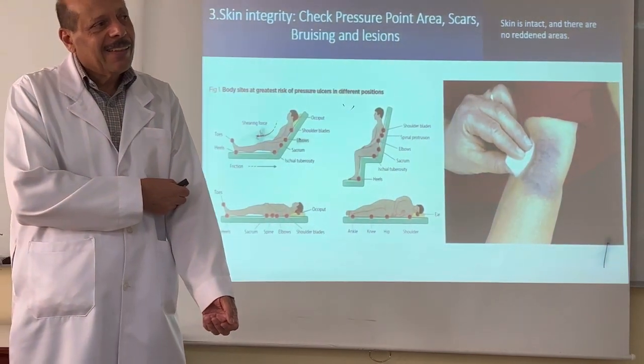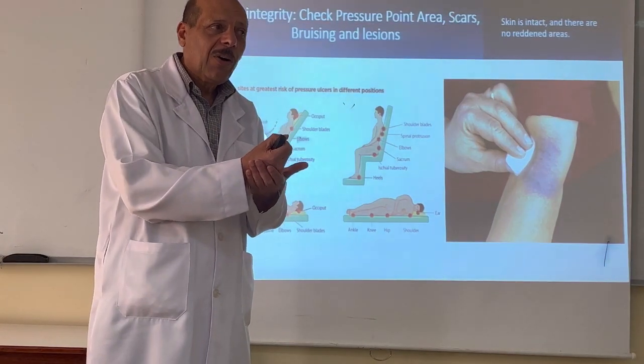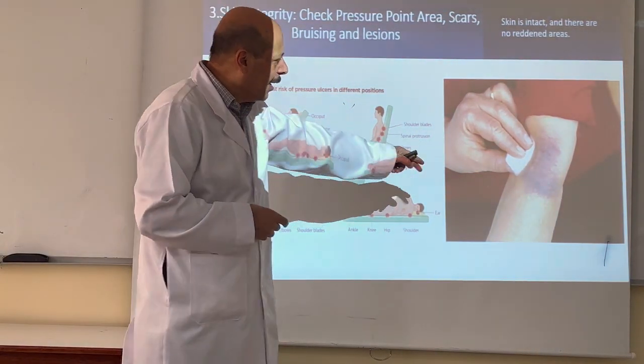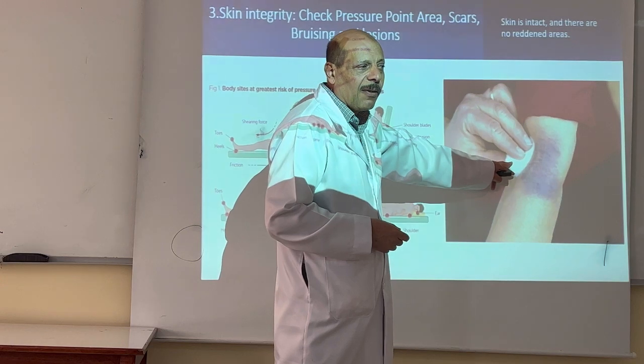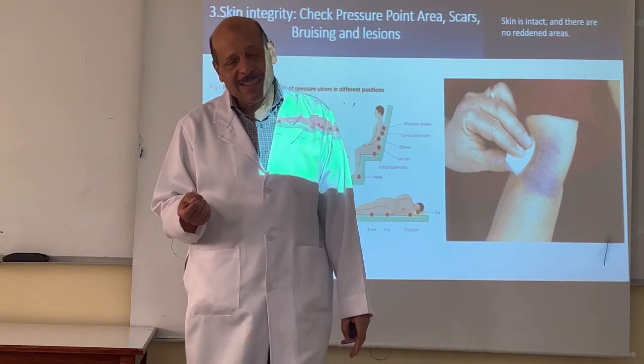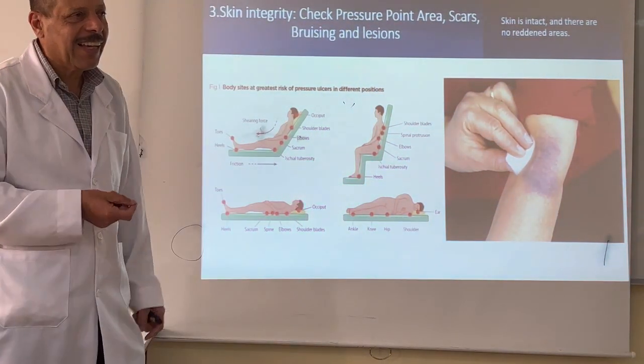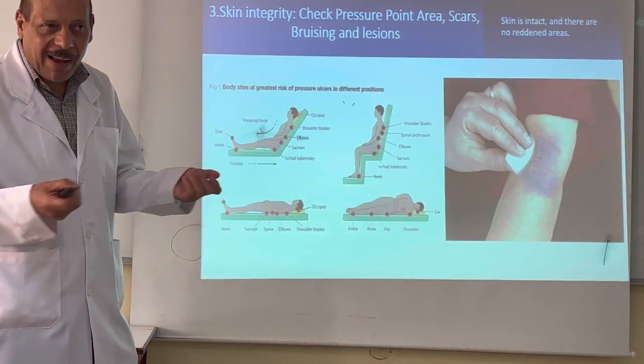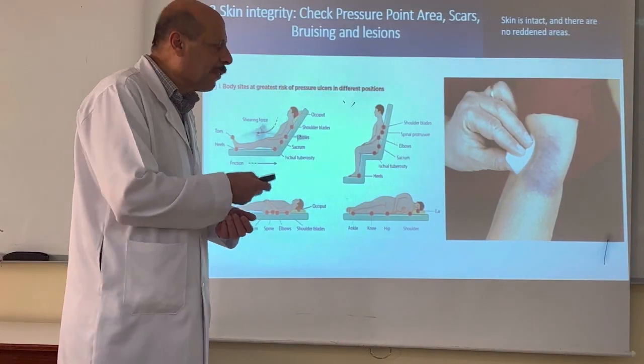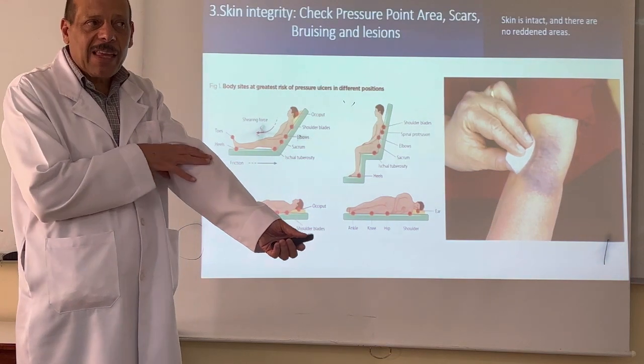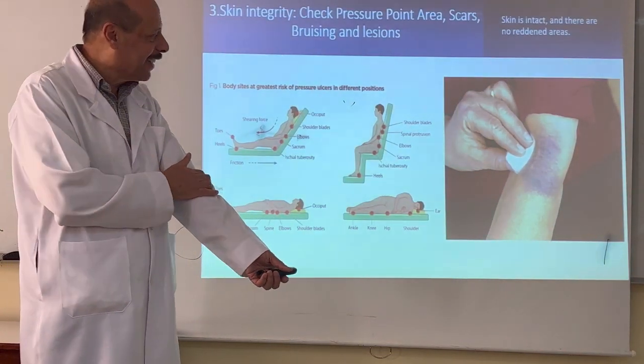You might see those kinds of changes due to what? Either due to trauma, or it might be due to intravenous procedures, either withdrawing blood or giving IV fluid. So it means that blood is there under the skin.